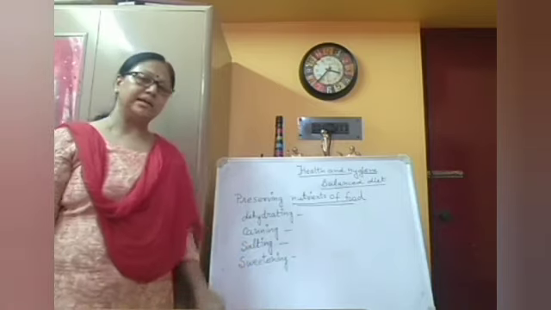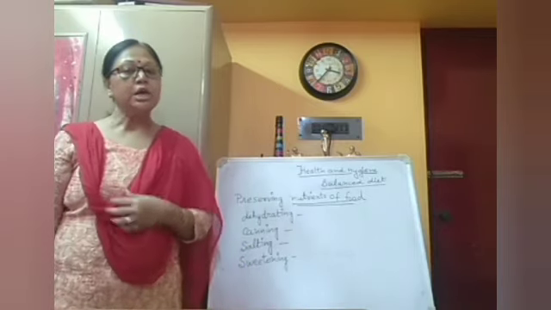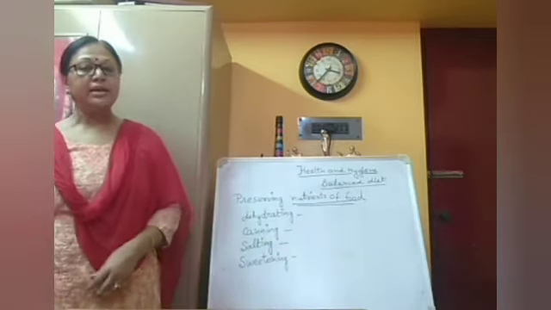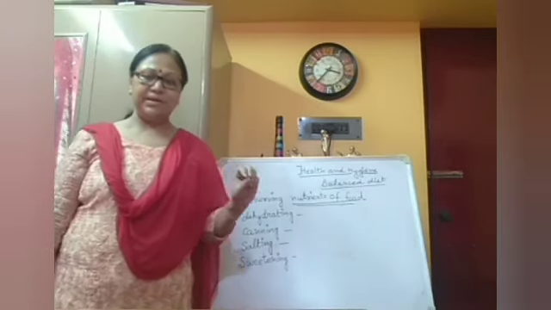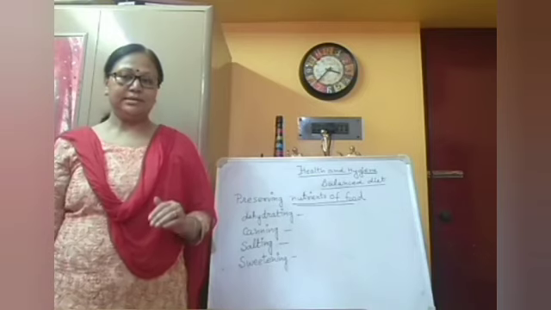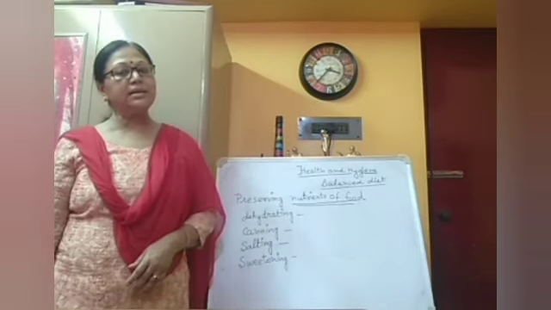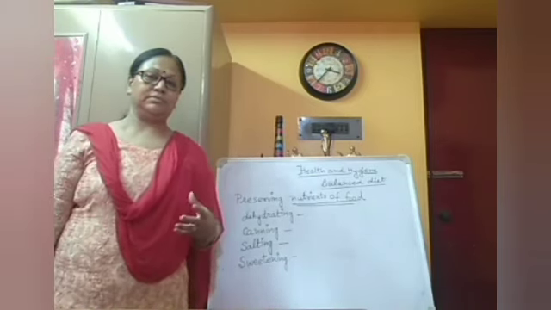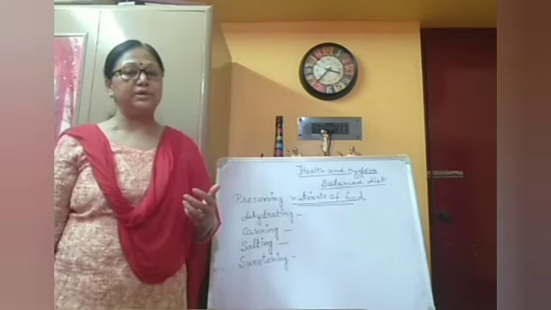Next one is salting. Salting is of two types. One is dry salting, when we give some salt on the food item and dry it in the sunlight. Another type of salting is what fishermen usually do.